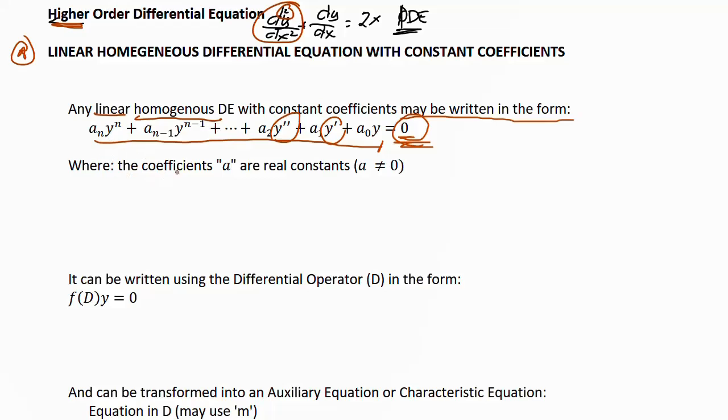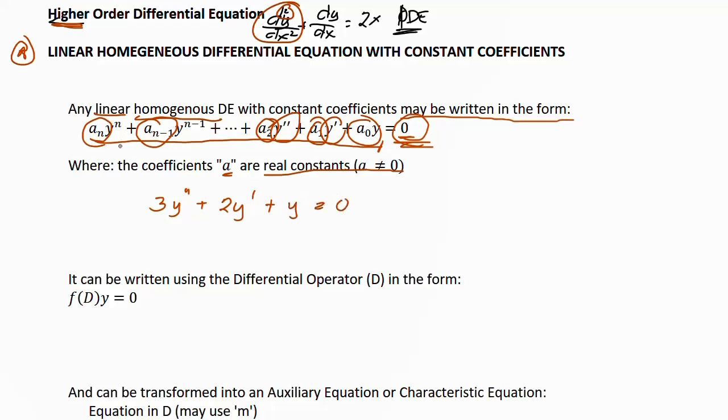And by the way, the coefficients a are real constants, meaning these are real numbers that are not equal to 0. So it has a value.